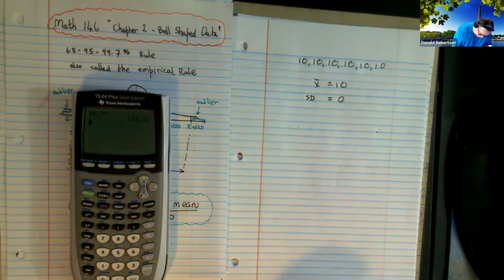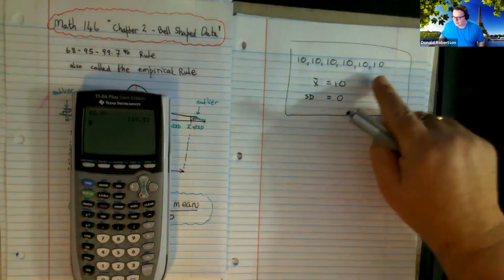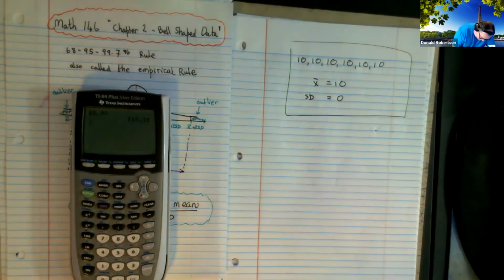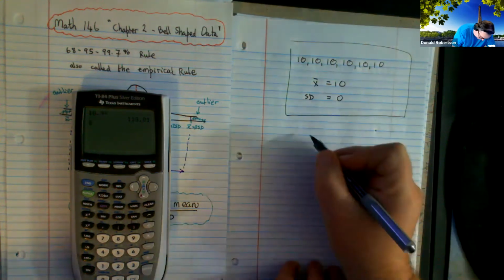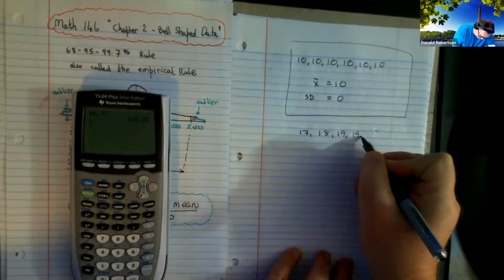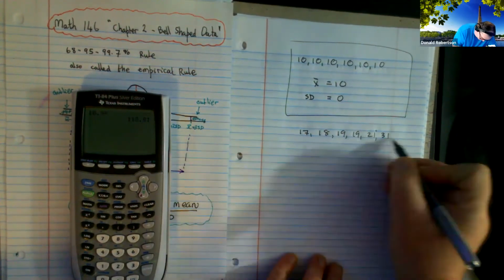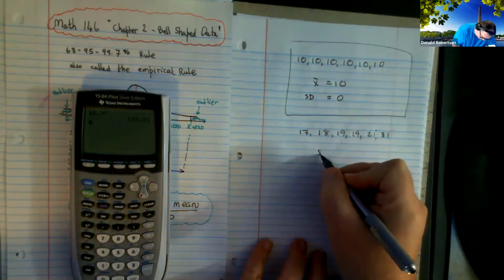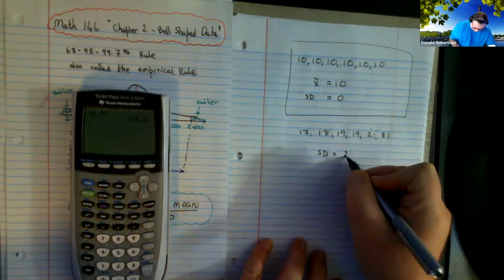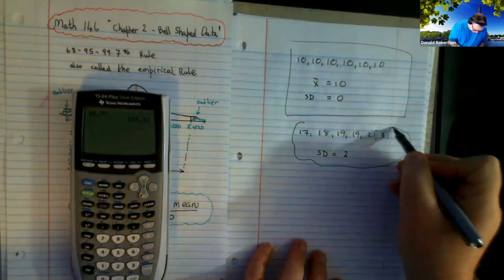Here's another puzzle. I mean, couldn't you just plug that into the calculator and get those two answers? Suppose I tell you that I have a set of data, and just for argument's sake, suppose I tell you that the standard deviation is 2. Just pretend that's the case.